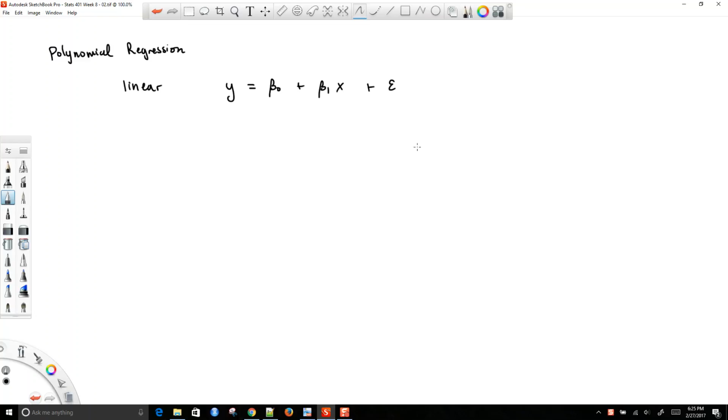With polynomial regression, all you do is take polynomial terms of your x. So you have beta 0, then beta 1 x, then you square your x to get beta 2 x squared, then you cube your x, and so on and so forth, until you get to your dth polynomial term, and that's pretty much it.